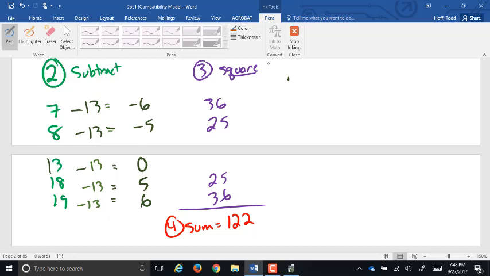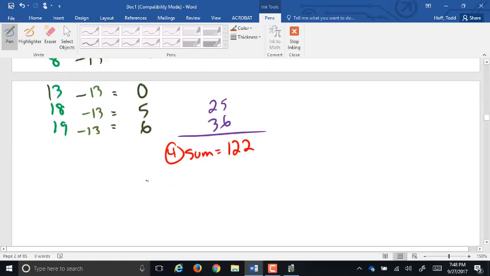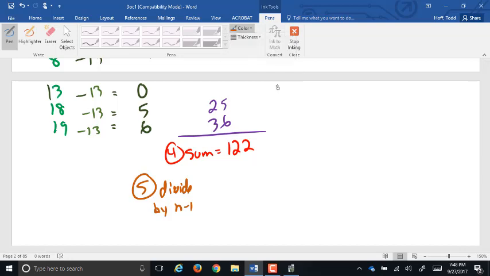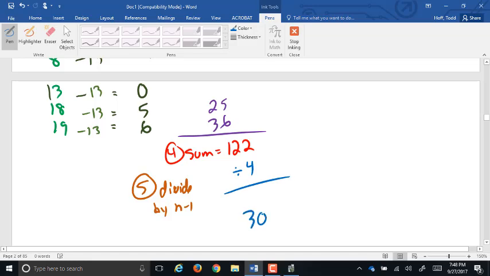Okay, so what's step 5? We're going to divide by what? By n minus 1. N is 5. So we're going to divide by 4, which gives us 30.5.